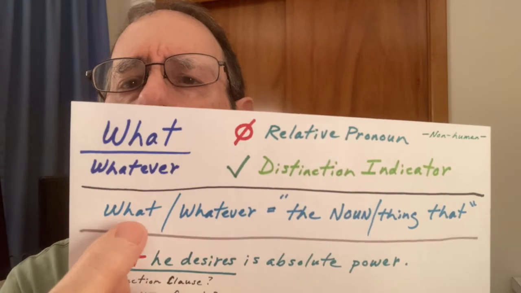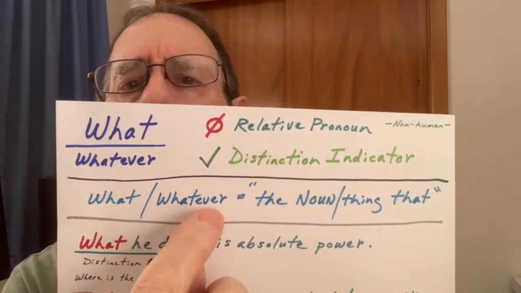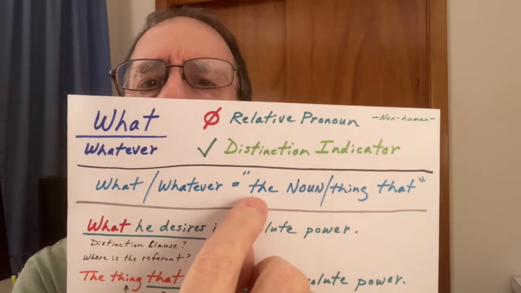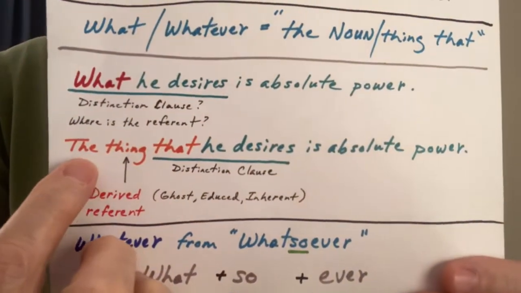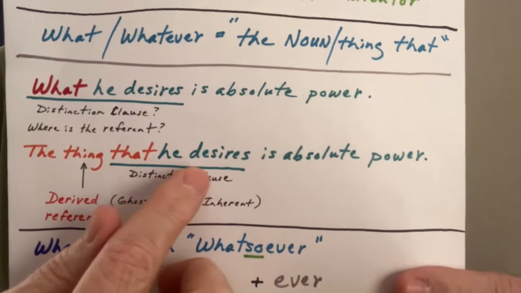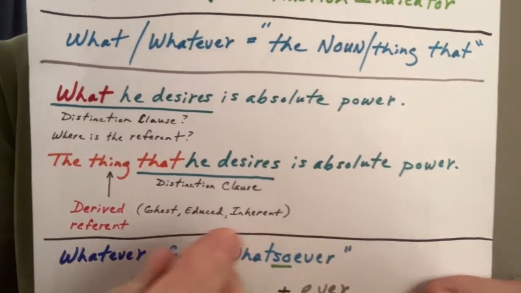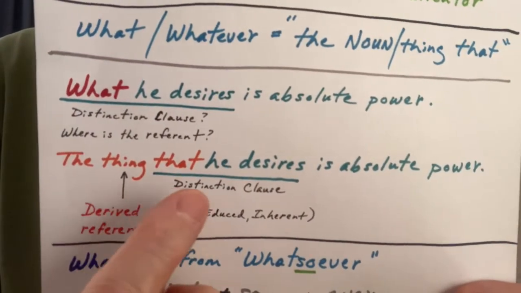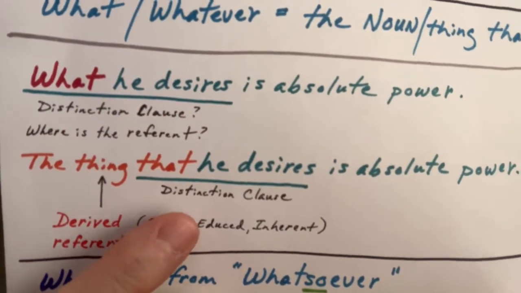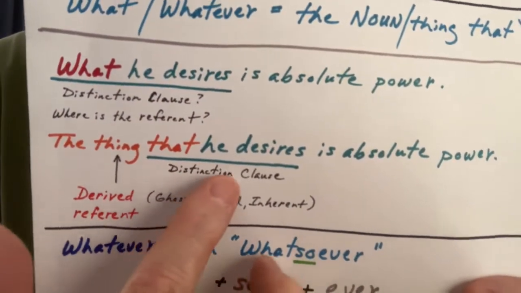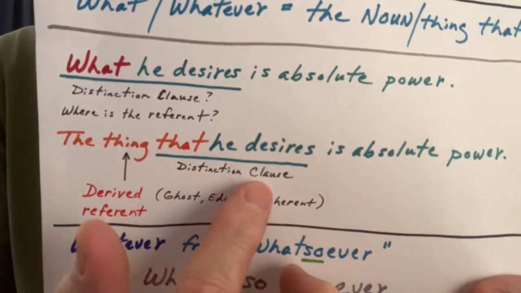The words what and whatever, as I said, actually mean the thing that, or the noun that. So if we rewrite the sentence, we get: the thing that he desires is absolute power. So now we see clearly we have a distinction clause. That used to be called a relative clause, but I changed that.